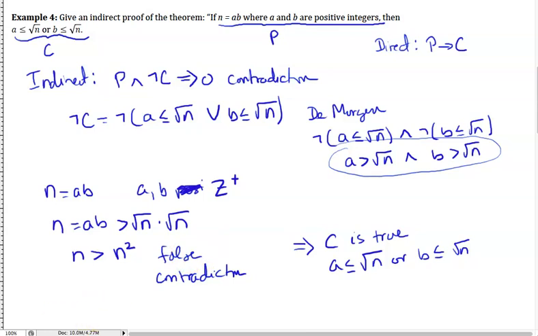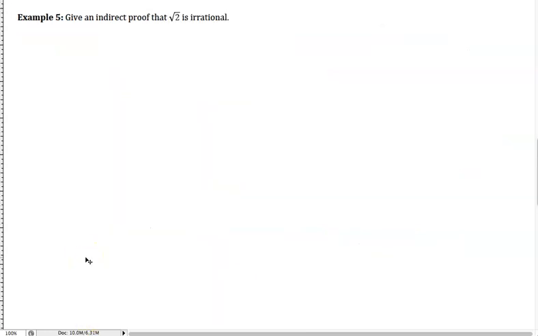All right, cool. In this next example, we're going to show an indirect proof that square root of 2 is irrational. It's a very simple statement. Square root of 2 is irrational.